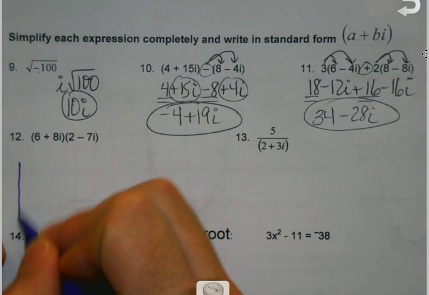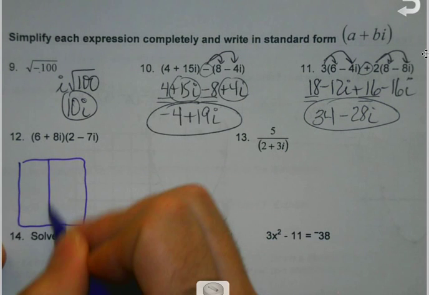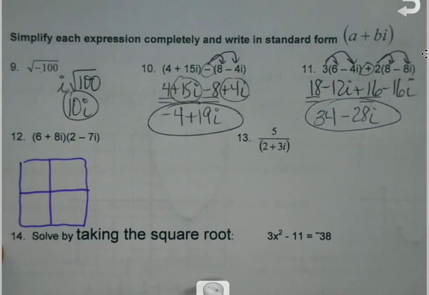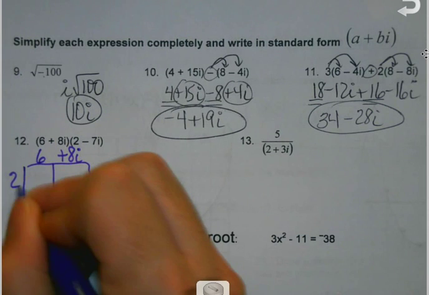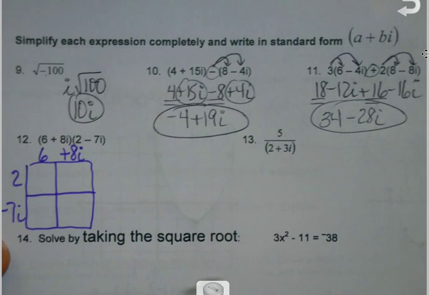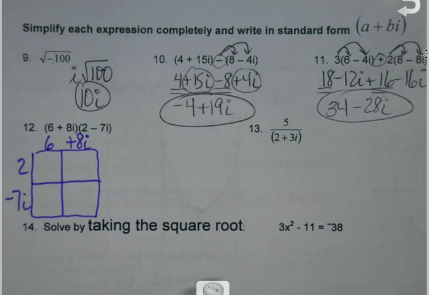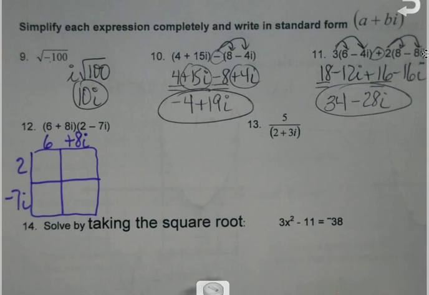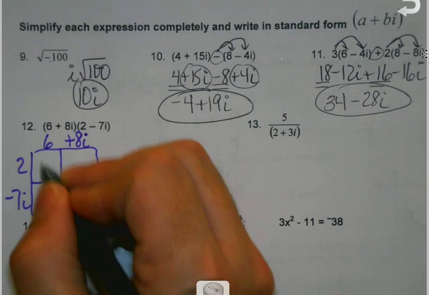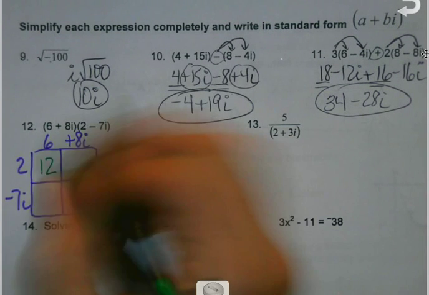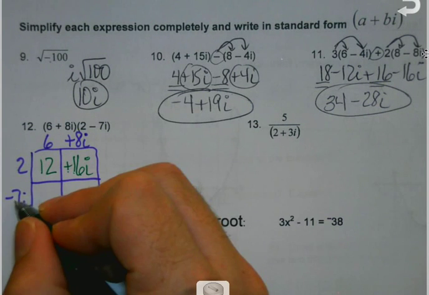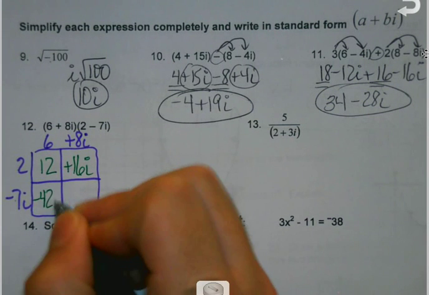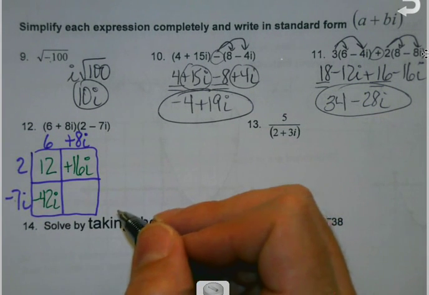And again, my favorite means of doing this is by using a box, because it forces me to make sure I multiply each term in here. Again, we're multiplying to fill the box. 2 times 6 is 12. 2 times 8, 16i. Negative 7 times 6 is negative 42i.